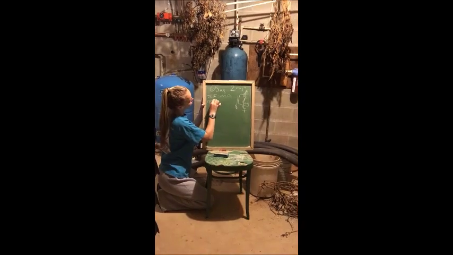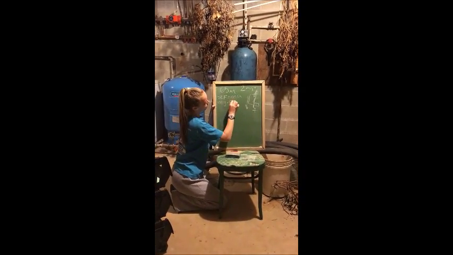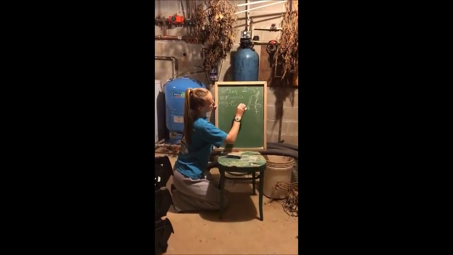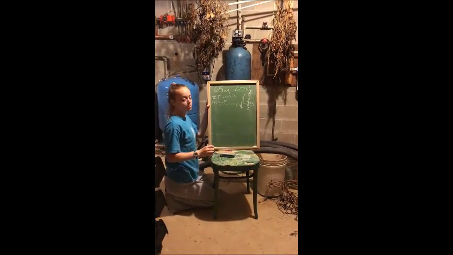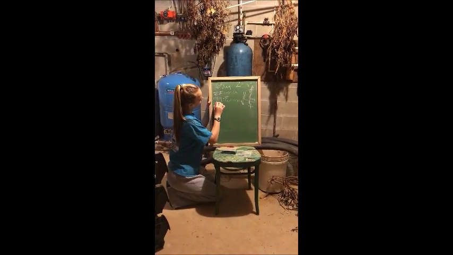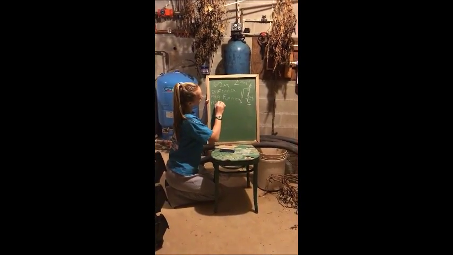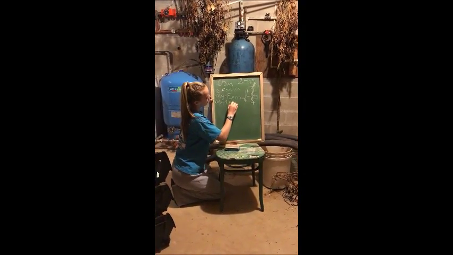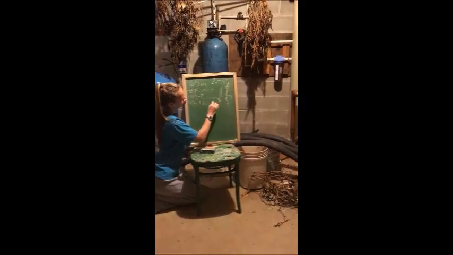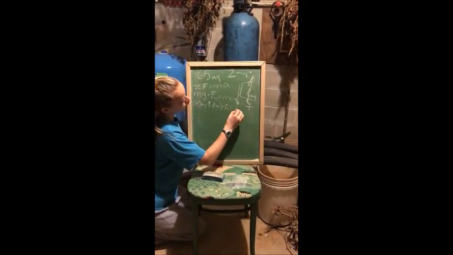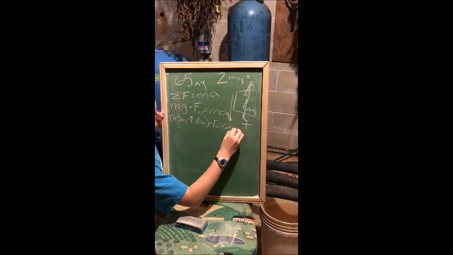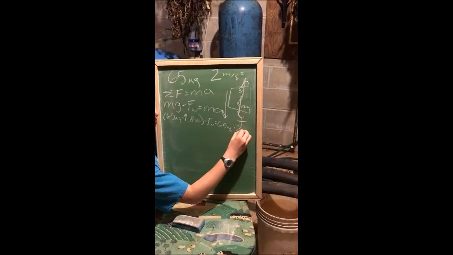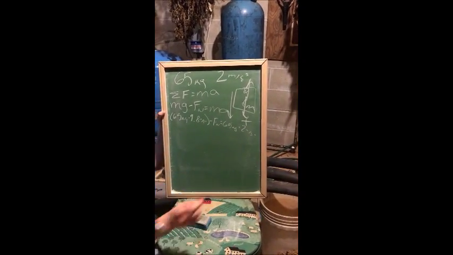So we do mg minus the normal force equals ma. We substitute in what we know. So 65 kilograms times 9.8 meters per second squared minus Fn equals 65 kilograms times 2 meters per second squared.